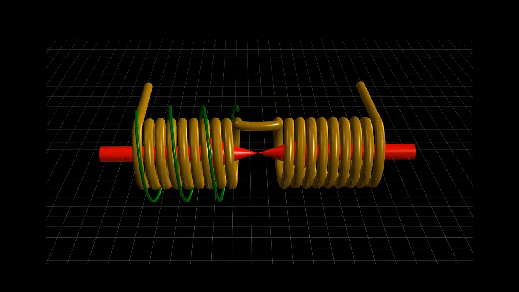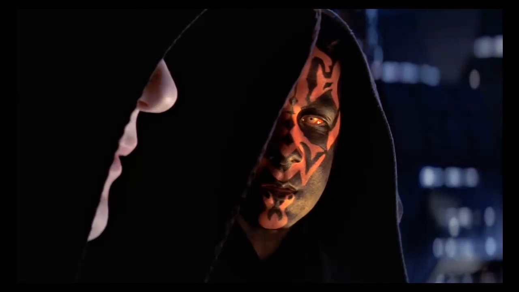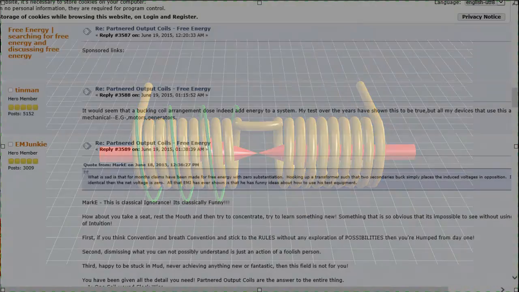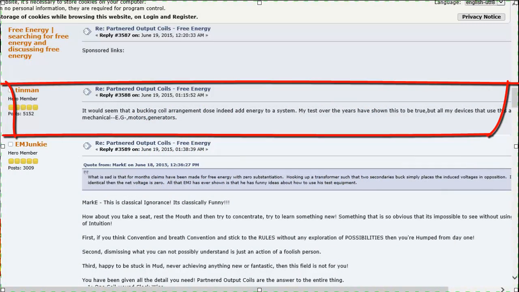I want to give you an example. Unfortunately, the best one I can give you without revealing too much information and getting in trouble is actually from Tin Man before he went to the dark side. Tin Man released his Rotary transformer in 2015, I think it was.